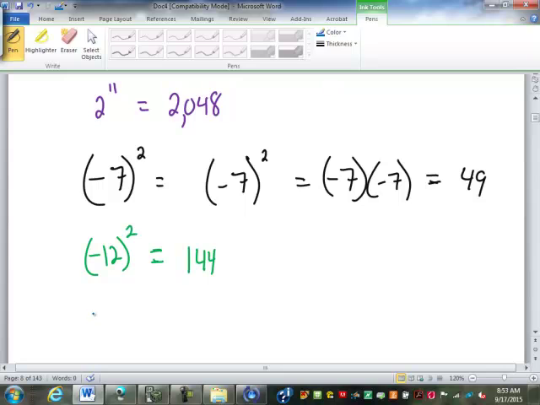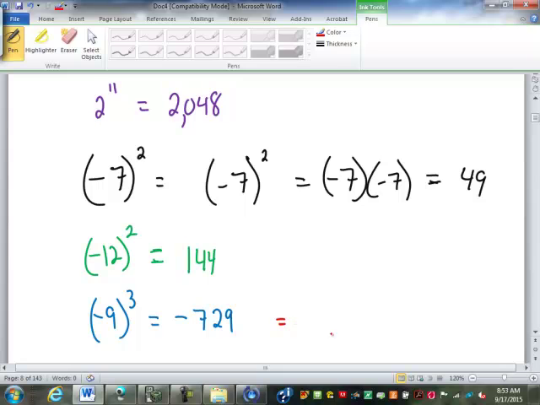Try this one on your calculator. -9 to the power of 3. Did your calculator spit out -729? Okay. Is that right, or should that be positive?